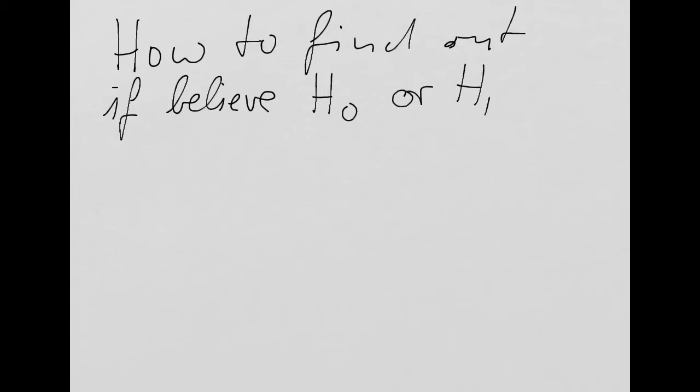We can have only one of them because one is the opposite of the other one. Either there is a difference or there isn't. How do we find out? Well, luckily, there's a process, a fairly complicated process, which is called the t-test.